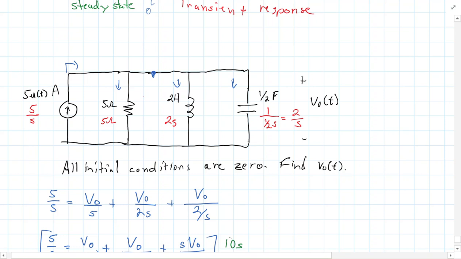For instance, if we had an initial condition on the inductor, what we can do is draw the initial condition in as a current source.